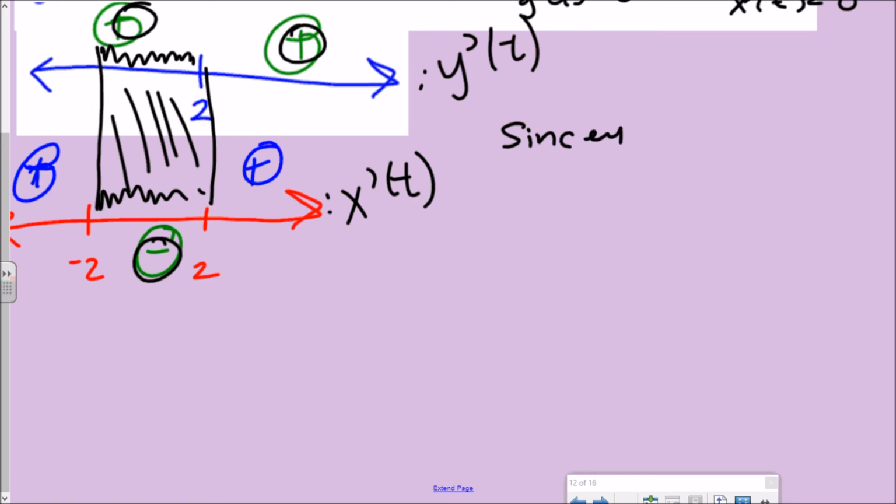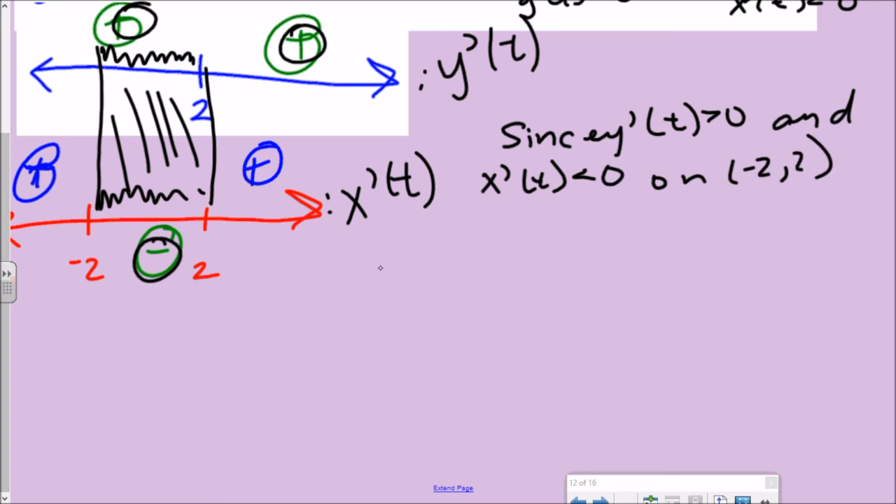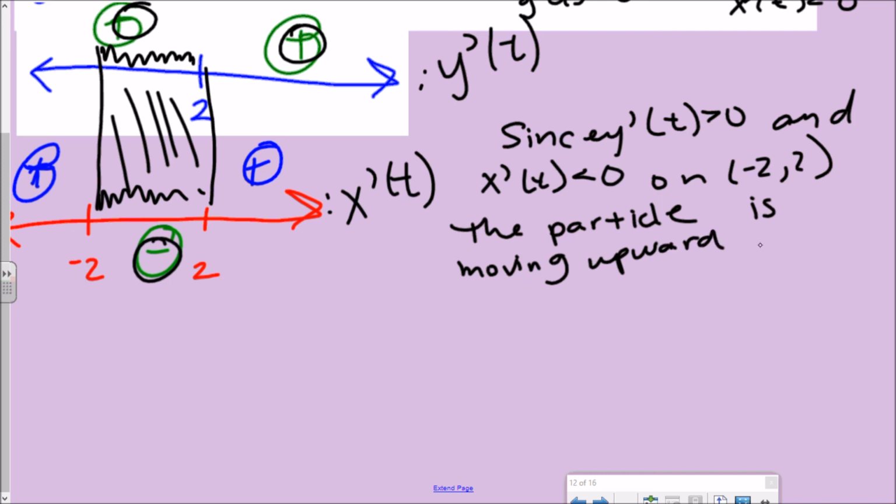So since y prime of t is greater than 0 and x prime of t is less than 0 on our current interval, -2 to +2, the particle is moving upward and to the left on -2 to 2. And that would be our final answer.